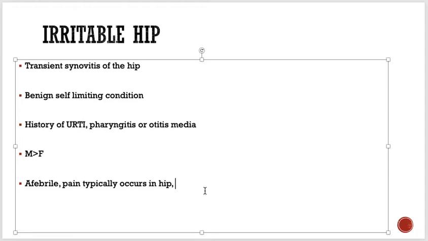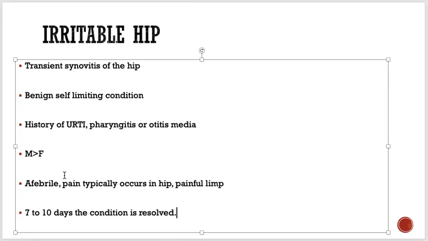Okay. So they have a painful limp, or they will refuse to bear weight. And this is not a chronic condition, it's transient. So around 1 week, or 7 to 10 days, the condition is resolved. Okay.